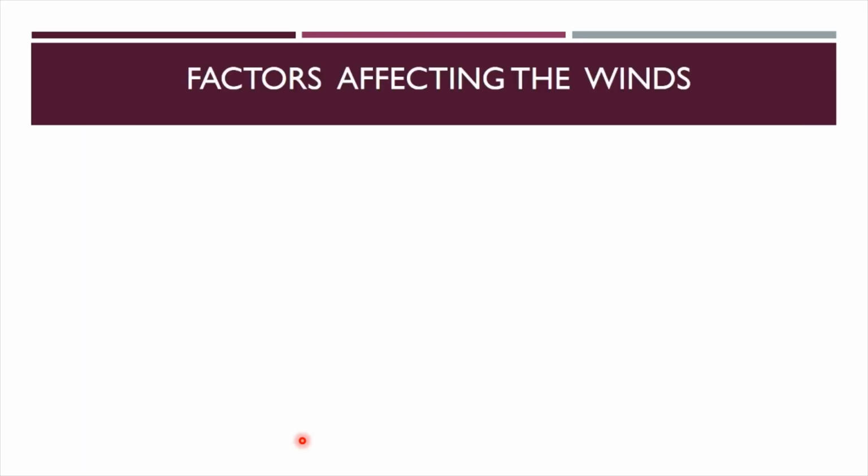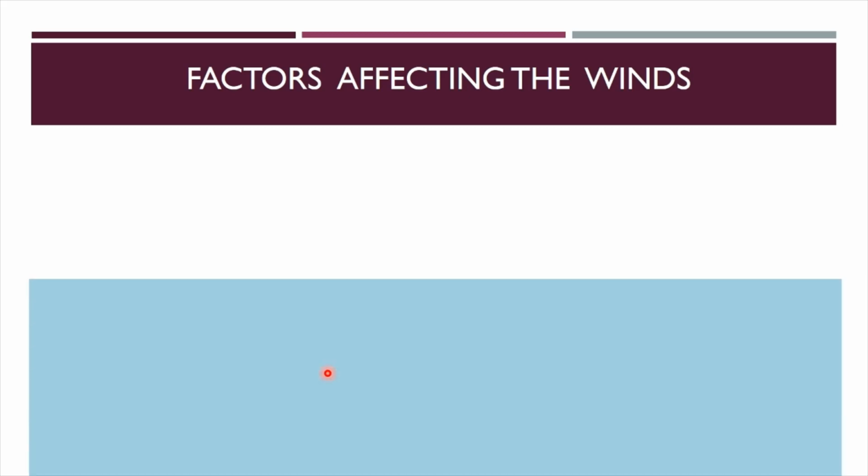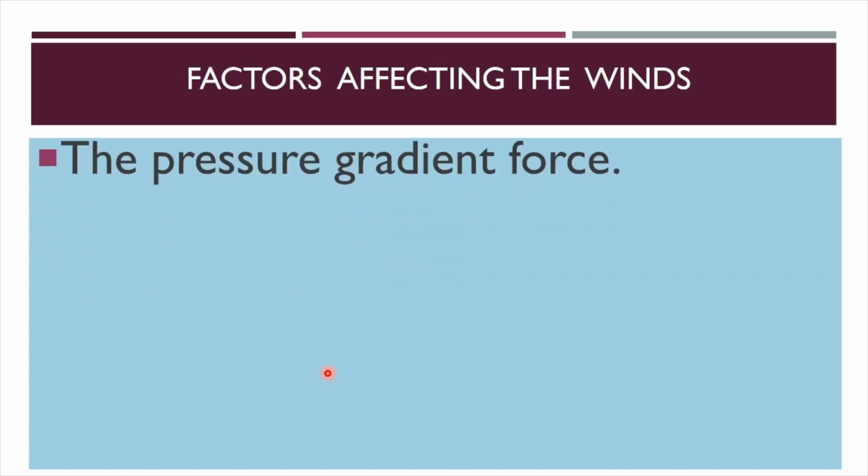Okay. So first, what are the factors affecting the winds? You know that wind comes from high pressure to low pressure area, but still a lot more factors affect its speed as well as the flow, direction and all. So first of all, the pressure gradient force.